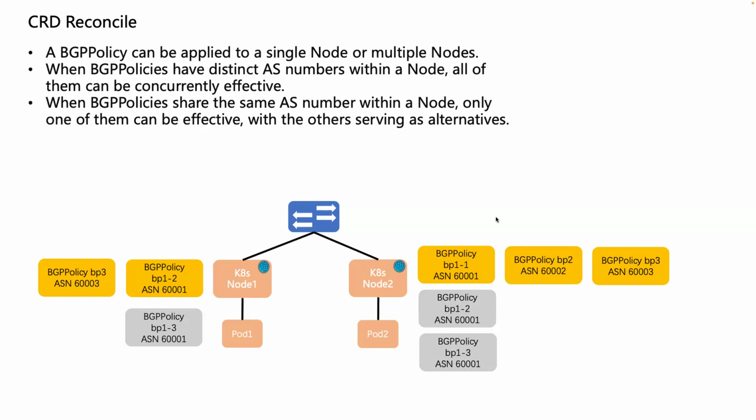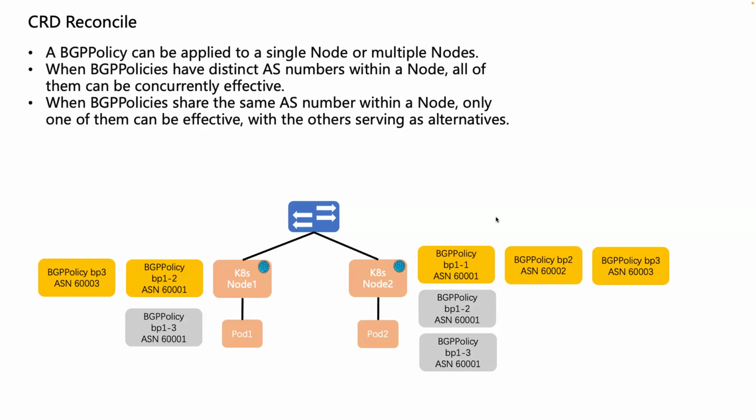I see. Hongyang, just one thing. For example, let's say I have a BGP policy that is applied, and it is advertising some routes, as you said, that IP pool. So the BGP stack has advertised those routes.